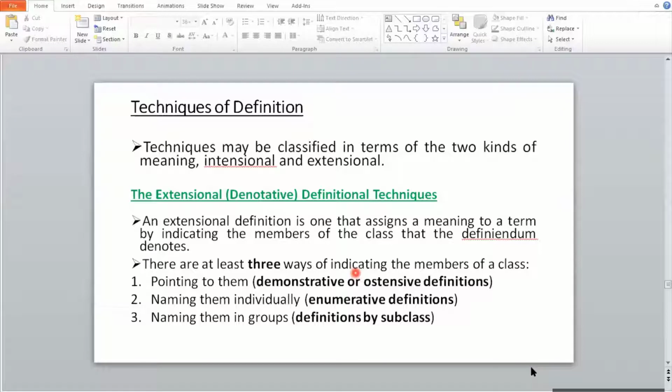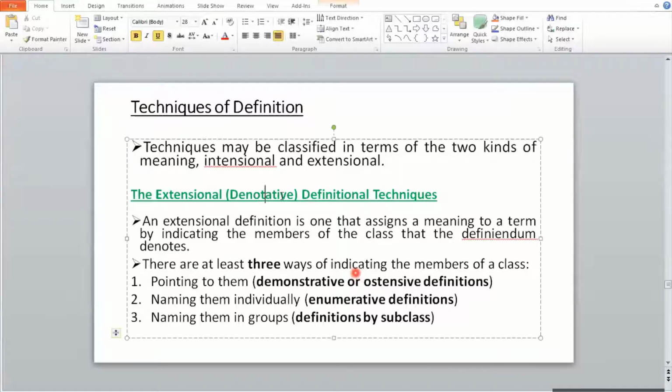Now let's look at them separately. We have said that extensional definition is also known as a denotative definition. We have said this one in the last session. It can also be known as denotative.